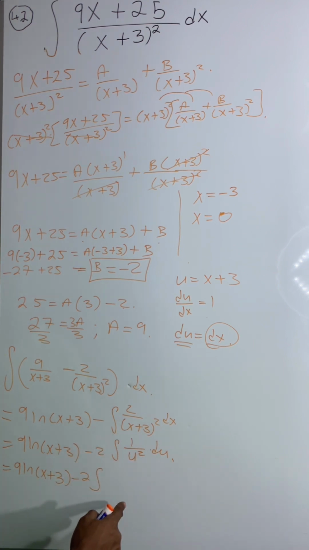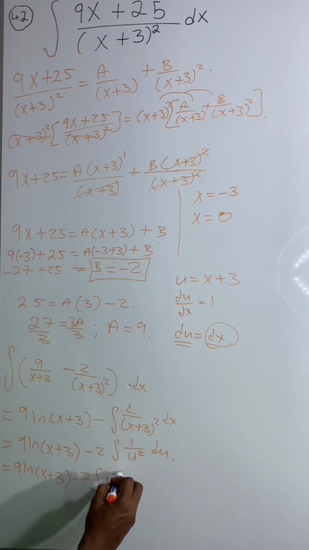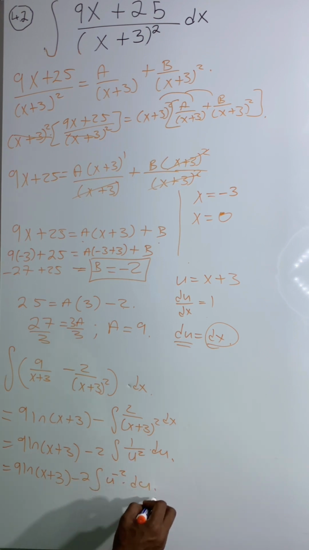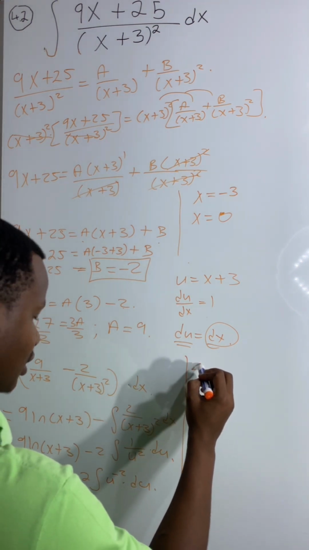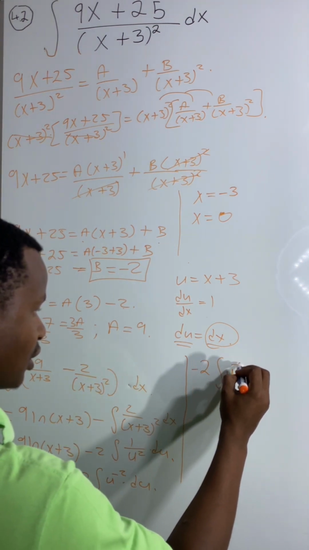We can rewrite the 1 over u squared as u to the power negative 2 du. Let's try to integrate the u aside.